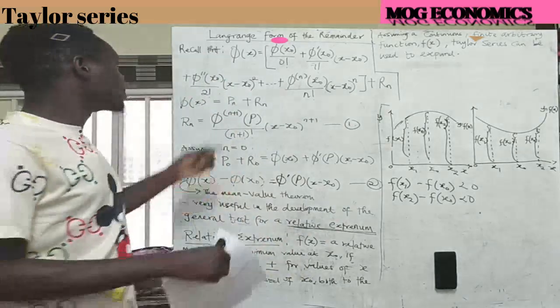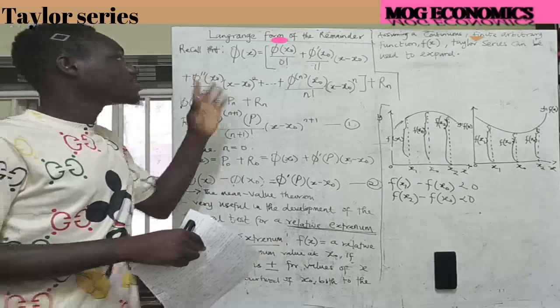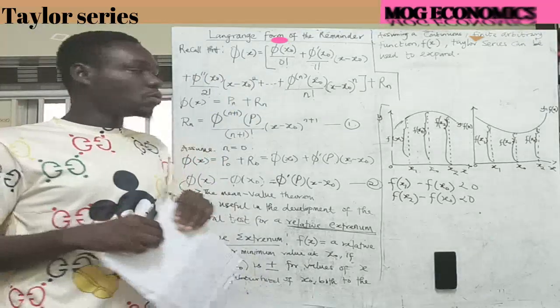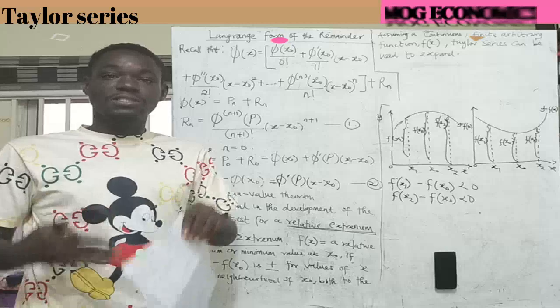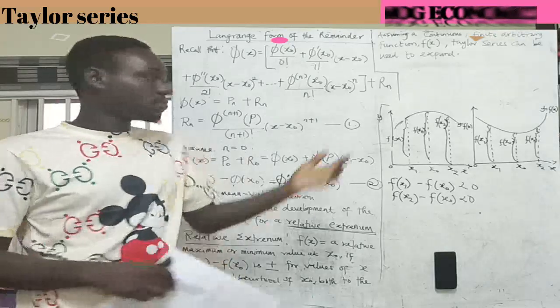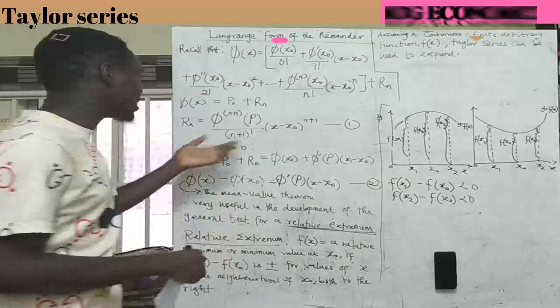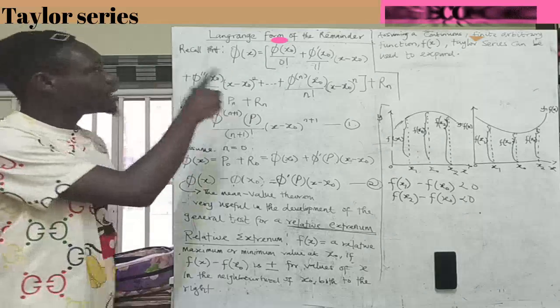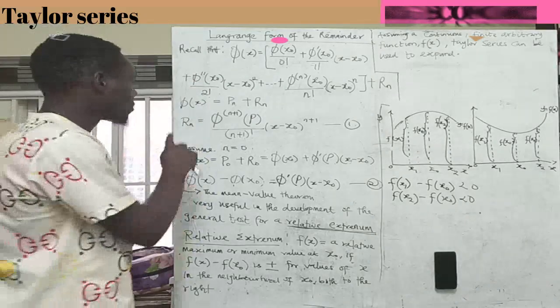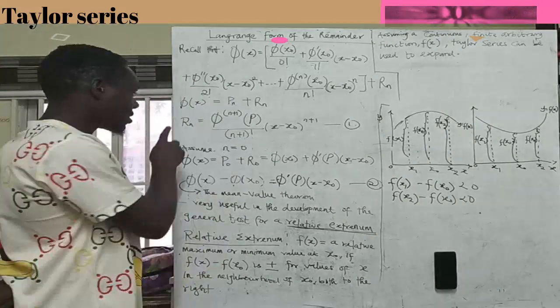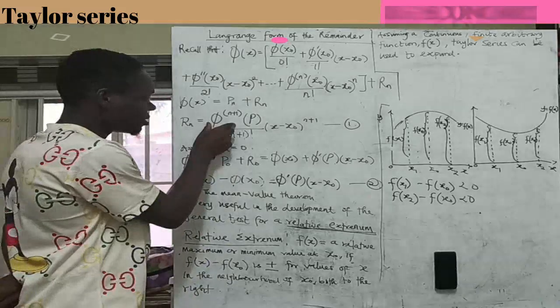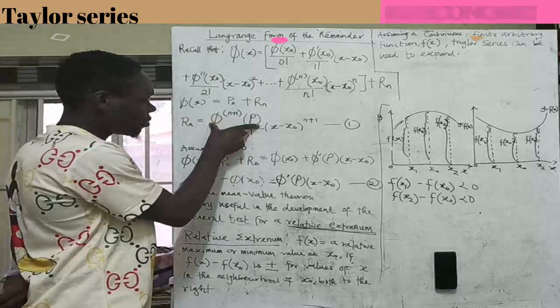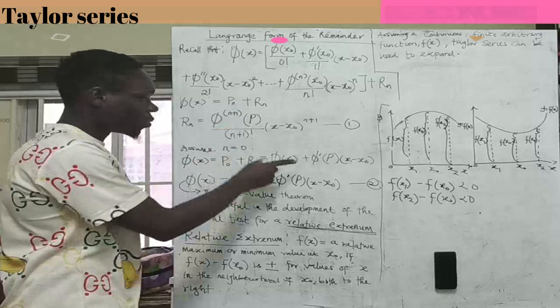There is a concept called the Lagrange form of the remainder, which helps us to specify the exact form of the remainder term. Following the Lagrange form of the remainder, the exact form is this. That is r subscript n. This is the function we are dealing with, raised to the power of n plus 1.